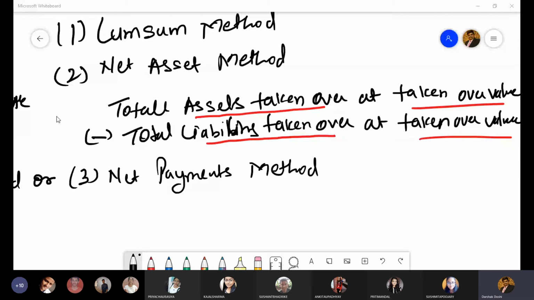Now going down to the books of purchasing company. First we will learn in the nature of purchase, and then we will see how to do in the nature of merger.